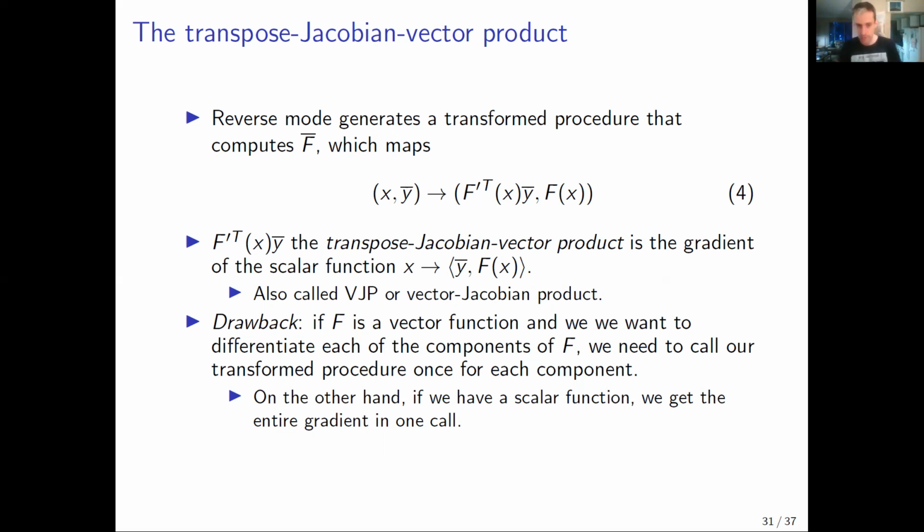So there's a trade-off, but in many cases, this trade-off is worth it. For example, in the CVA case, we have many more inputs than outputs. We only have one output. So clearly, reverse mode is the optimal choice there. And this occurs also in machine learning, for example, where you may have a loss function that's a single scalar, but millions of weights as your input. And in that case, reverse mode is clearly the optimal choice.